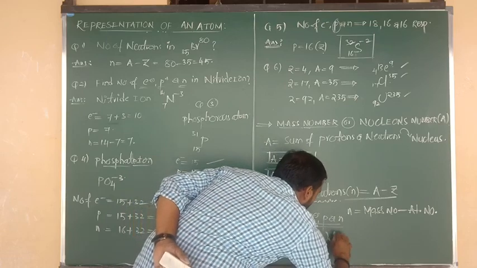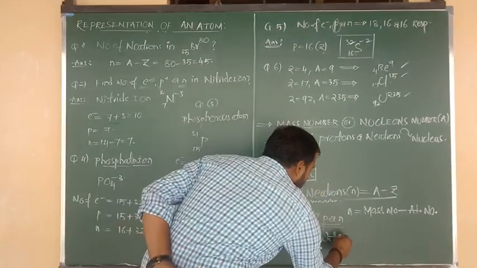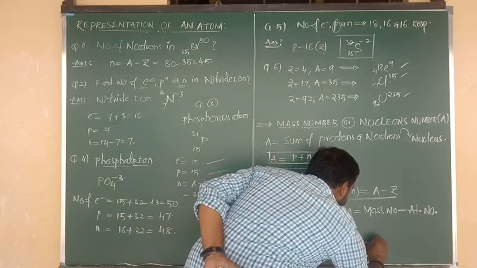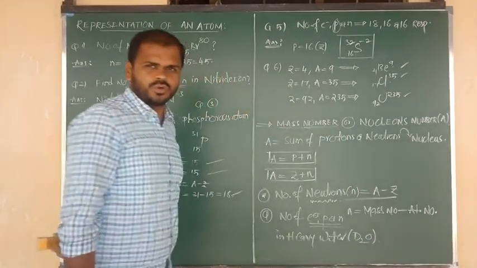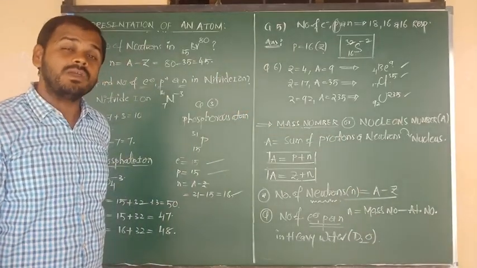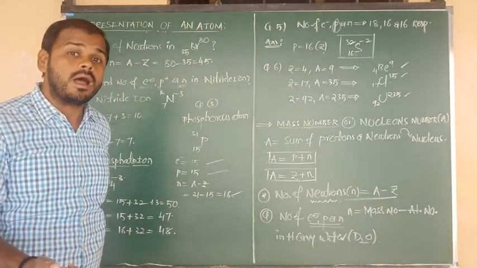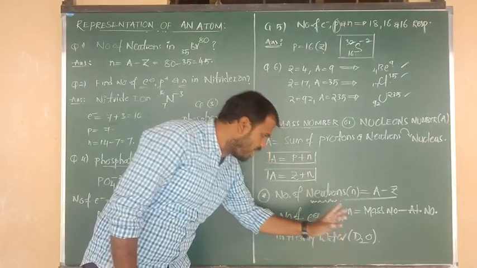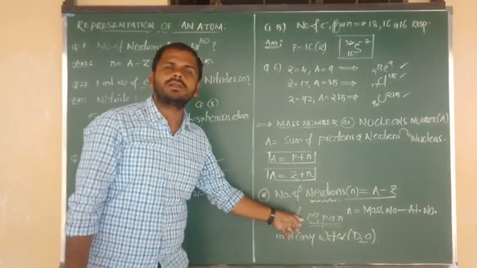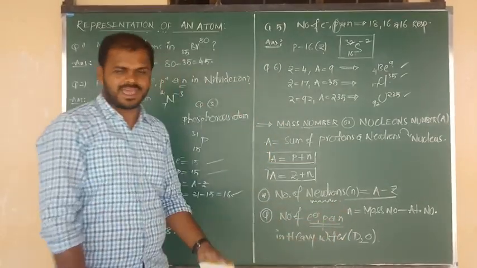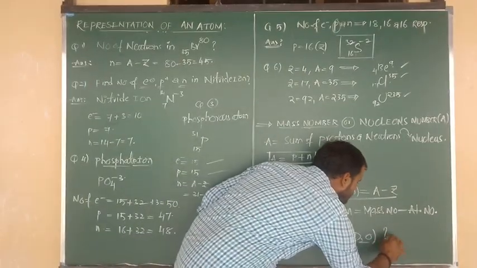Which water? Heavy water. What will be the formula of heavy water? Simply we can say D2O. Water formula H2O. Heavy water formula D2O. So in that heavy water, how many electrons, protons and neutrons are there? This is the question I am going to give you.